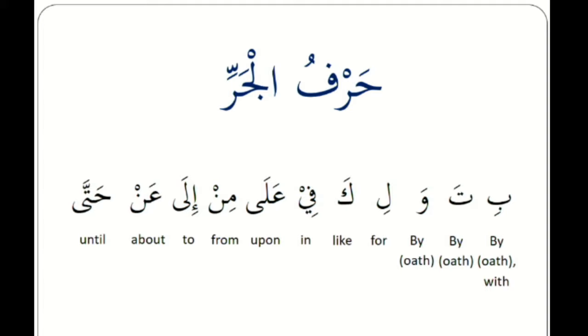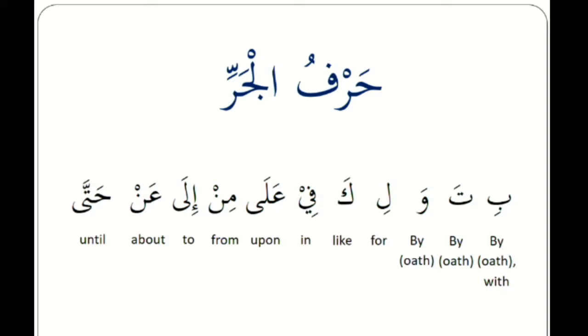Next one, ala. What does ala mean? Upon. Give me a sense of ala. Tawakkal ala Allah. Place your trust upon Allah. Another one. No, it's not ala, it's ala with the hamza, that's the ain.